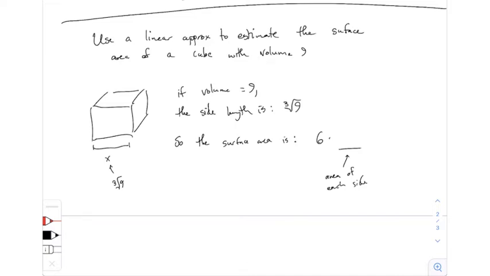You are squaring it. It's not quite what you said. It's really this: these do not undo each other, but this is the cube root of 9, the whole thing squared. One of these sides is the cube root of 9, and to get the area of the whole side, you square that, because it's a square. And then you multiply by 6. That gives you the 6 sides in the cube.